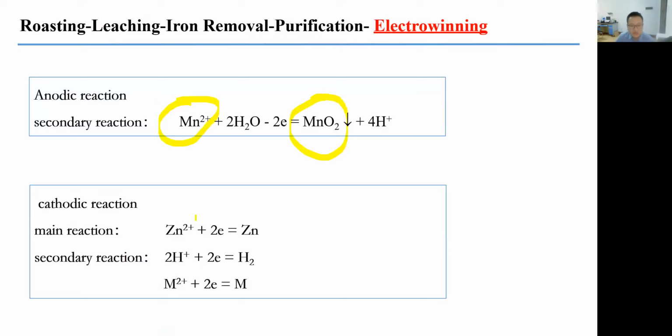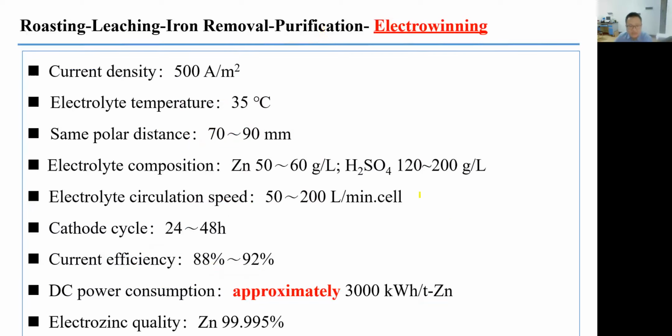In the cathode reaction, the soluble zinc cations deposit on the rolled aluminum, and some secondary reactions like the formation of hydrogen and some precipitation of cobalt can also happen. But when the purification process is well done, we can produce high quality zinc at the cathode.